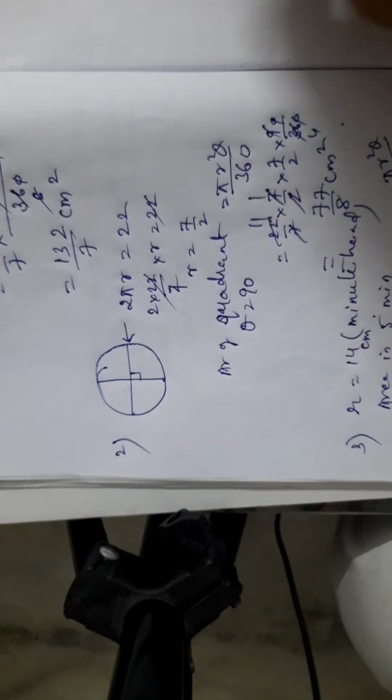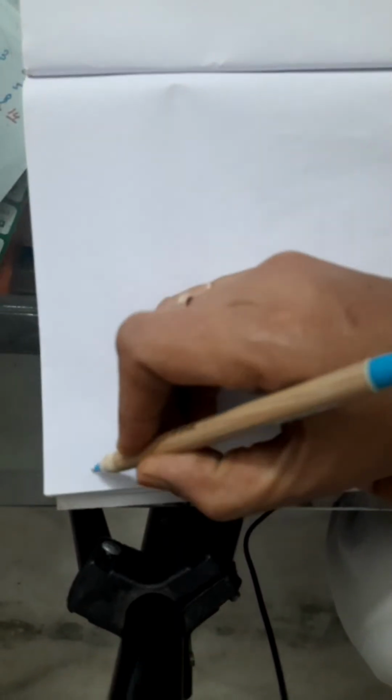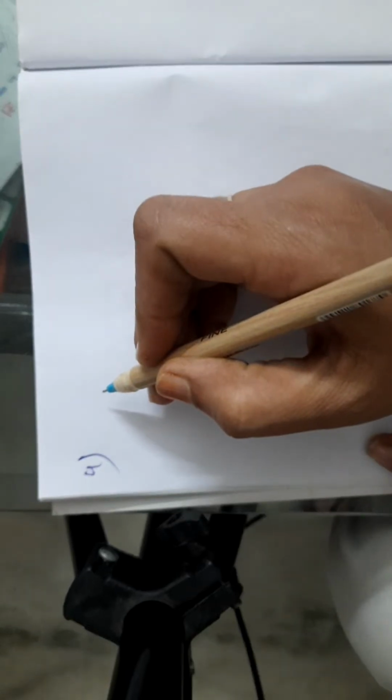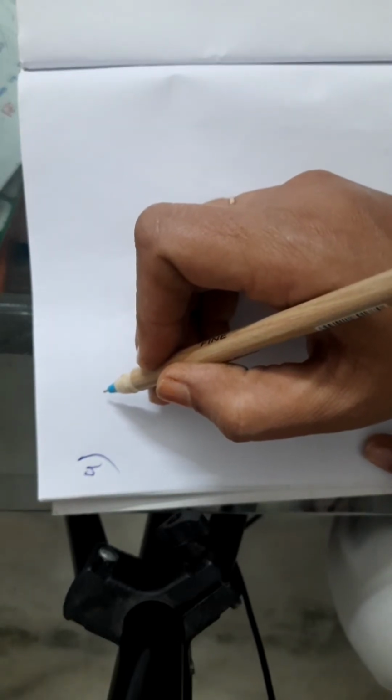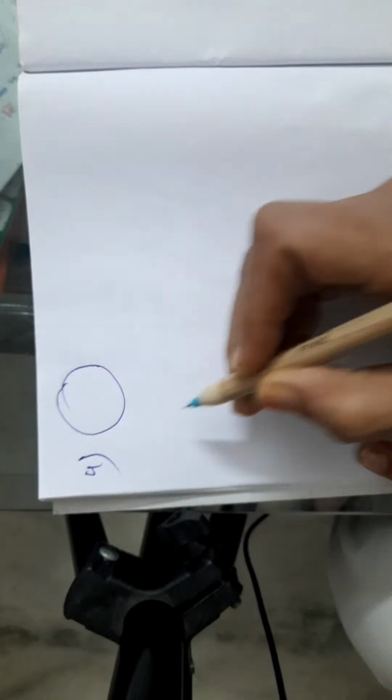From the fourth question onwards, questions are a little important, where you need to concentrate on one more formula. So here question number 4: a chord of a circle of radius 10 centimeters subtends a right angle at the center.